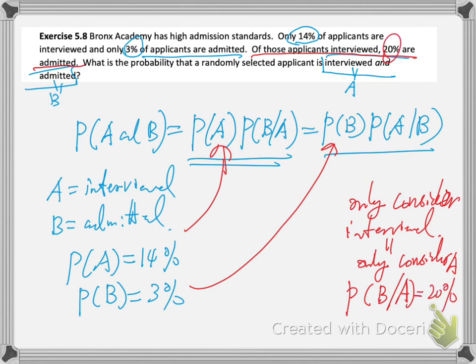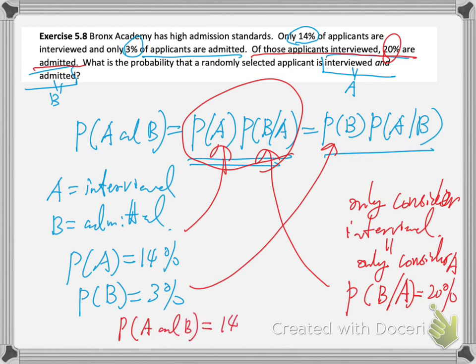Now we have these two components in the formula. So P(A and B) is P(A), 14%, times P(B given A), 20%. That's the formula.